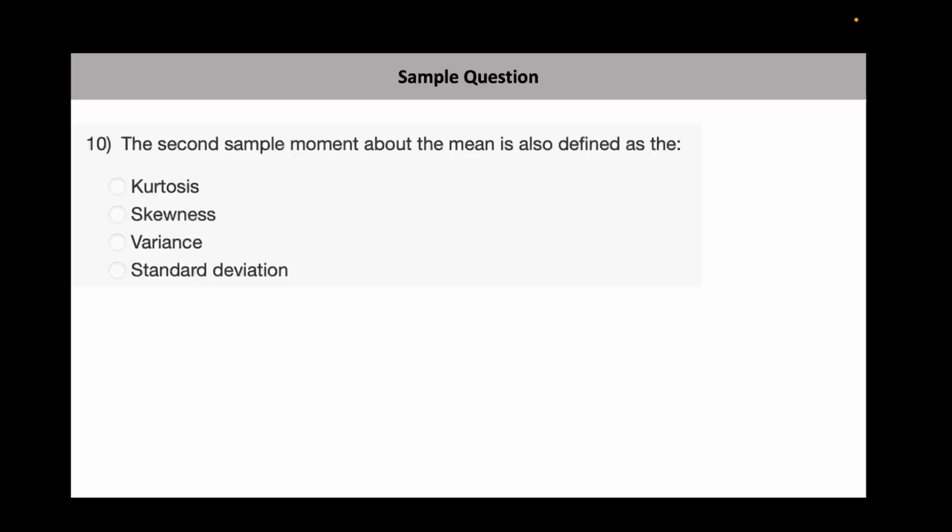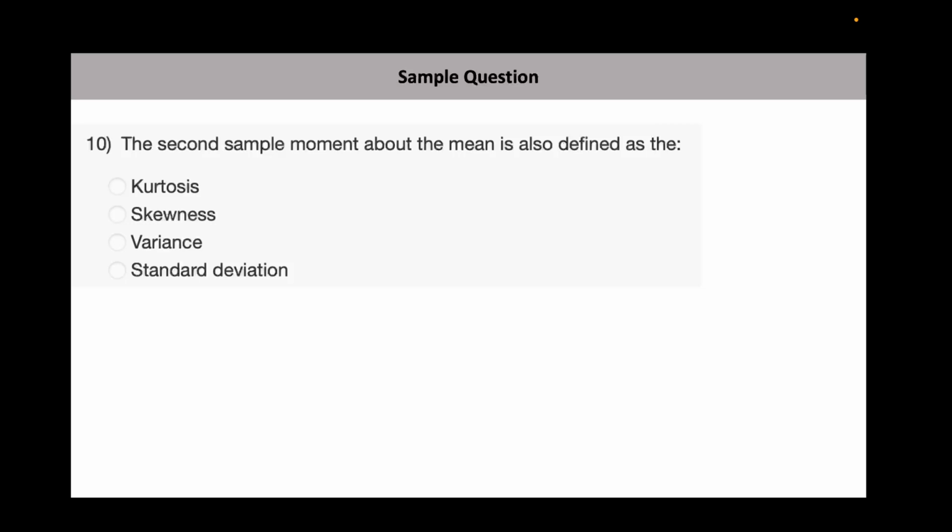The second sample moment about the mean is also defined as, your options are kurtosis, skewness, variance and standard deviation. Variance. Okay.